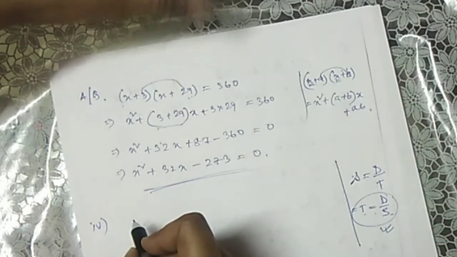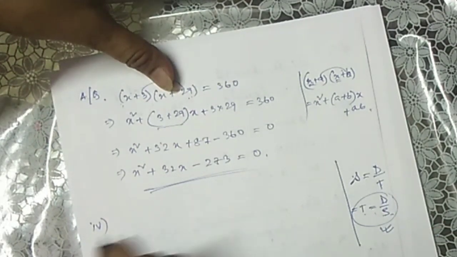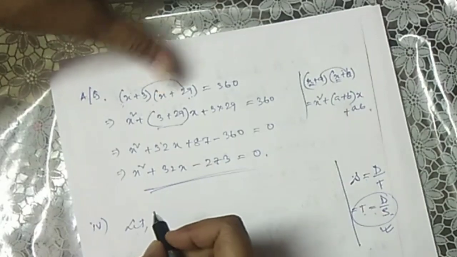Now, we will suppose the original speed of the train as x. Let the speed of the train be x kilometer per hour.